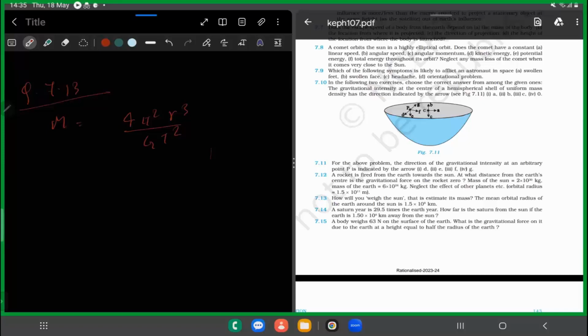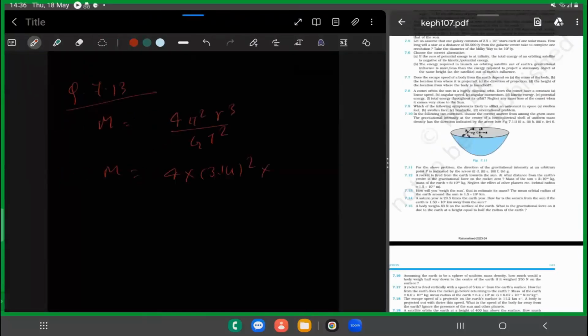If you put the values, then M equals 4 into 3.14 whole square into R cube. R is given as 1.5 into 10 to the power 11, and G equals 6.6 into, over T square.